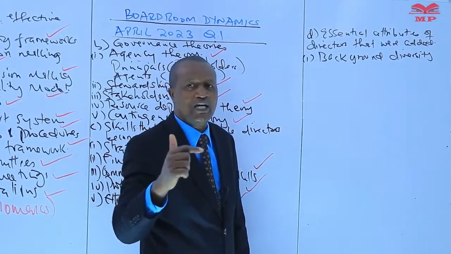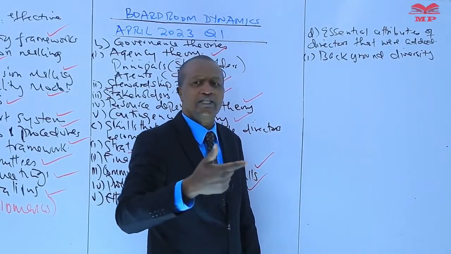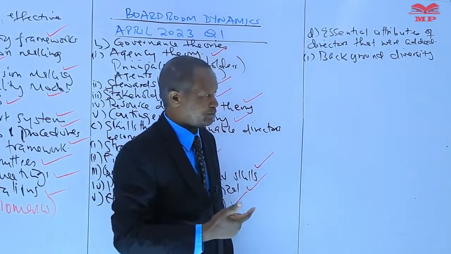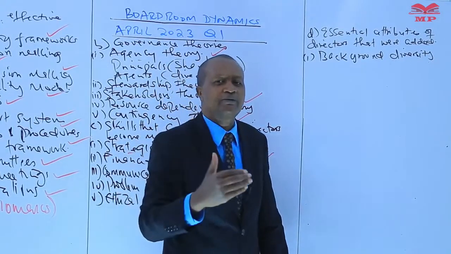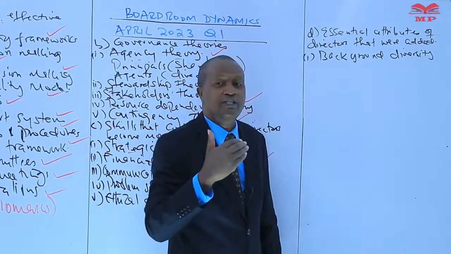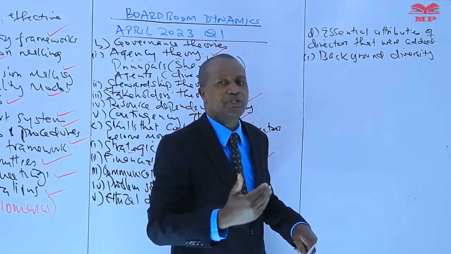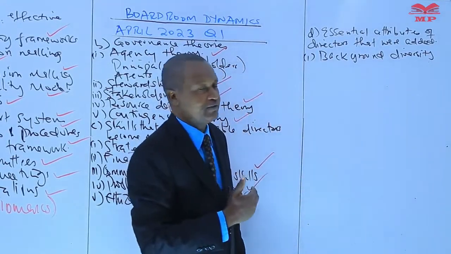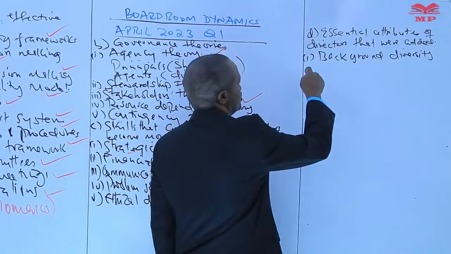The new directors should come from various professional backgrounds, from various industries and experiences, because this diversity brings different perspectives, brings different expertise to the board, and thereby promotes innovative thinking.